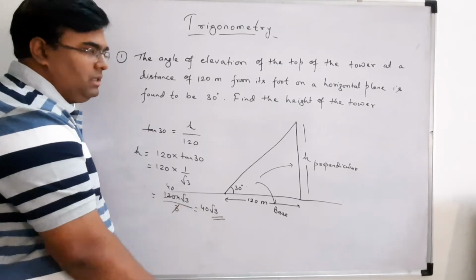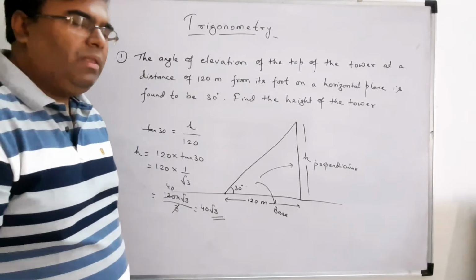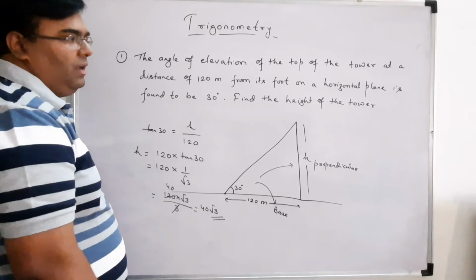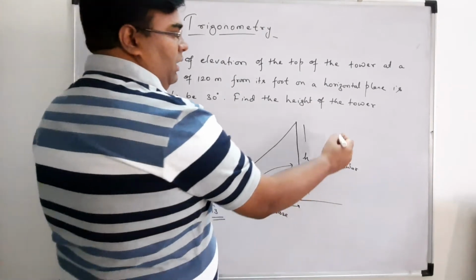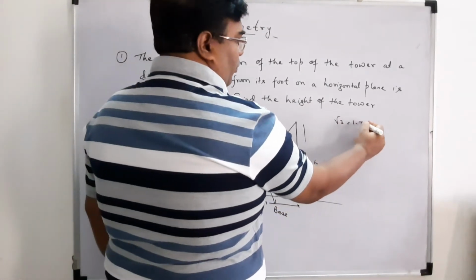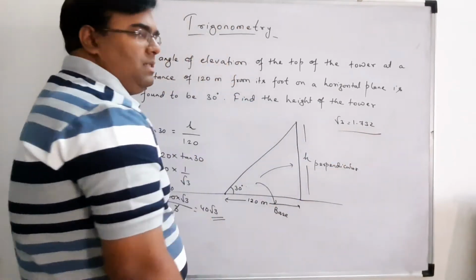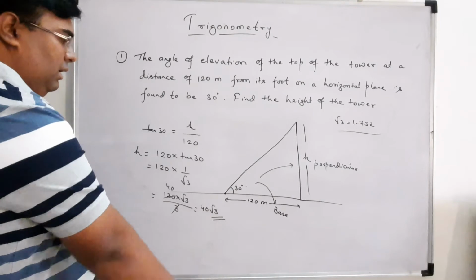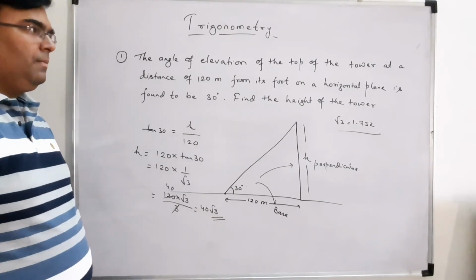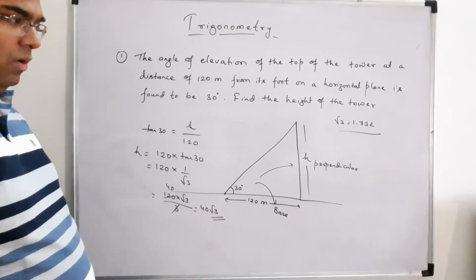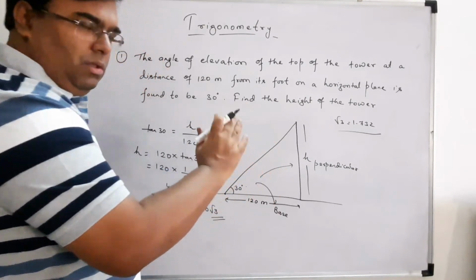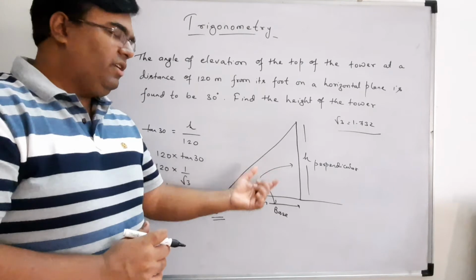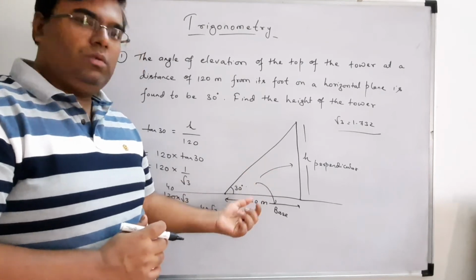You can keep your answer like this, 40 root 3, or you can multiply 40 by the value of root 3, which is 1.732. Either you can multiply or just keep it the same. So you need to draw the correct diagram. Once you draw the diagram correctly, you just need to find which ratio to use to make use of this angle.